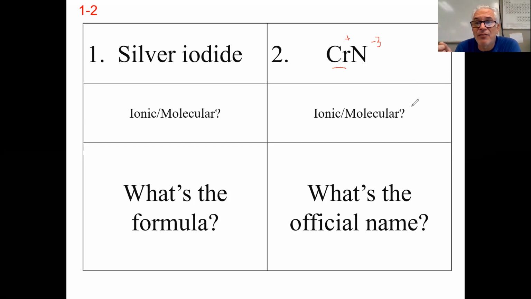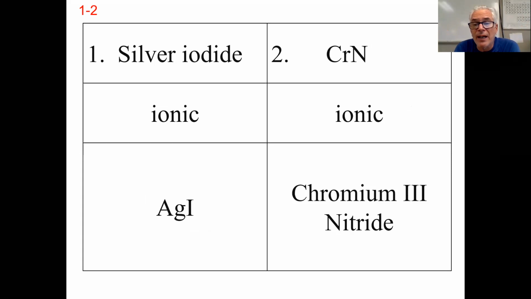Nitrogen only makes a -3 anion. It's in group 15. It's got 5 electrons in the outer orbital. It gains 3 electrons, -3. It's in a 1-to-1 ratio, so -3 has to balance with the +3. And if it's chromium and it makes a +3 ion, that's going to make it chromium(III) nitride.